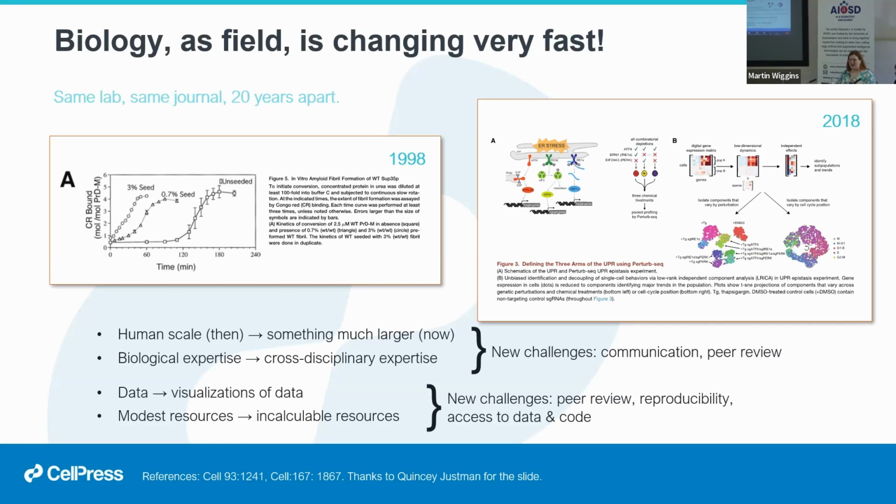So we have two figures, 1998 and 2018. 20 years apart, same journal, same laboratory, publishing research, and look at the difference between the figures. On the left-hand side, you just have a plain two-dimensional plot. Looks like a cumulative distribution function there, but I could be wrong. And there's three lines on that.